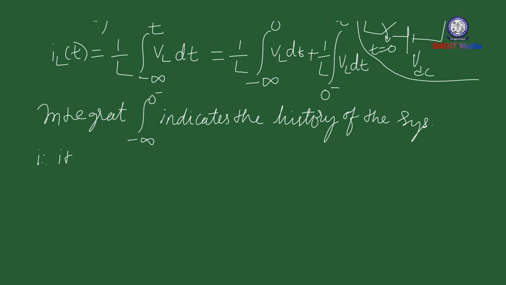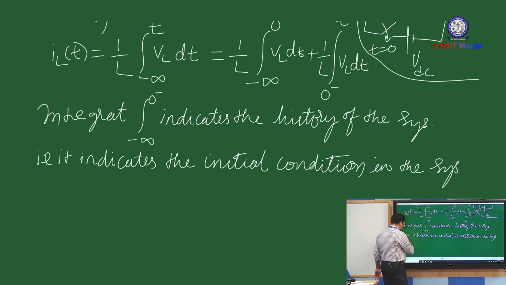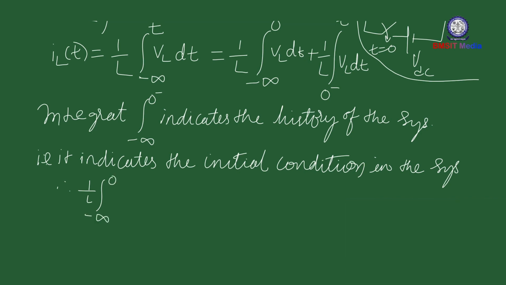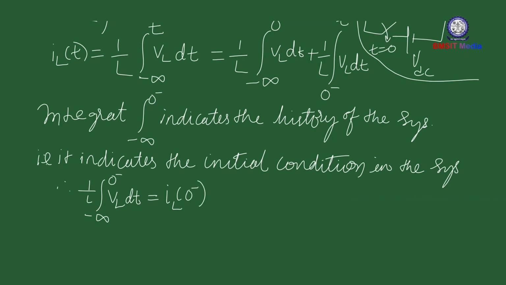So it indicates the initial condition in the system. Therefore I can write 1 over L integration from minus infinity to 0 minus of VL dt is equal to IL of 0 minus. So therefore I can write IL of t, okay?